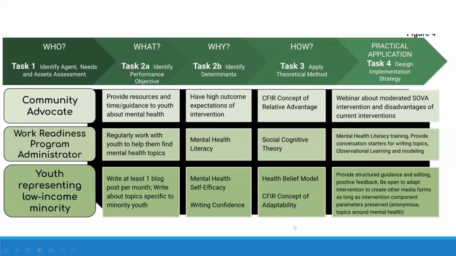We can also be open. So this concept of adaptability, well, our intervention is only writing, but we could be open to other media where we say, oh, someone could do a video, or someone could do something completely different. They could make a song.